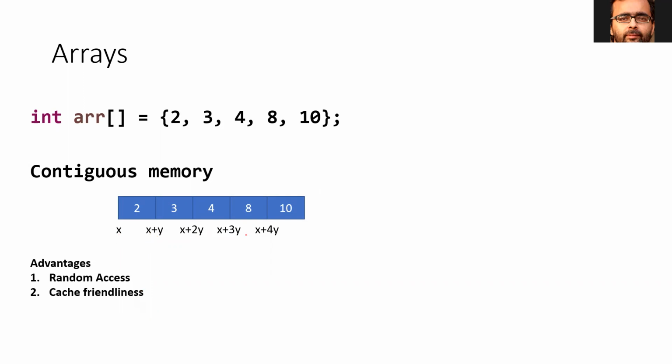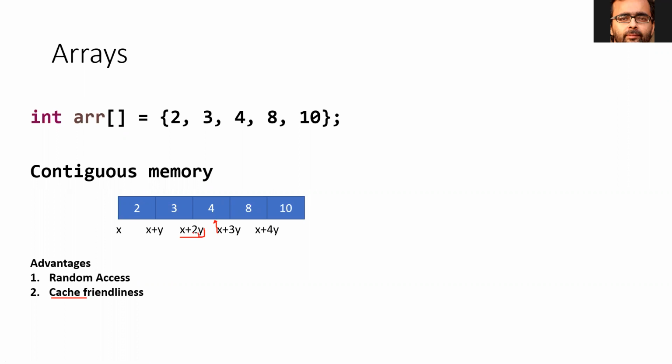Okay, so what is cache friendliness? Cache is a kind of memory area which is very close to the processor, so speed will increase. How can we say it is cache friendly? For example, you know the address of this location is x plus 2y, where y is the integer data type of 4 bytes.